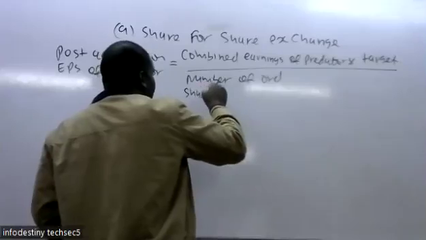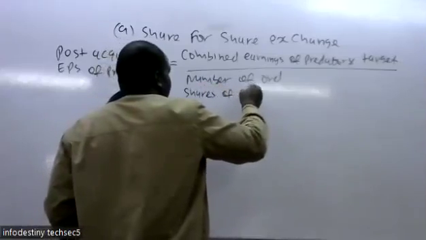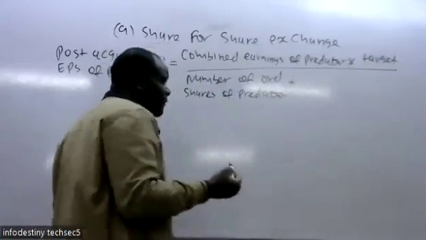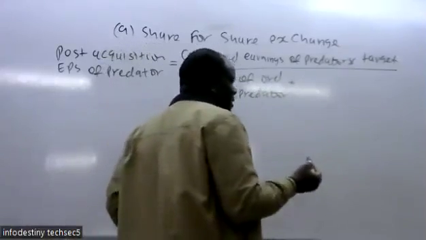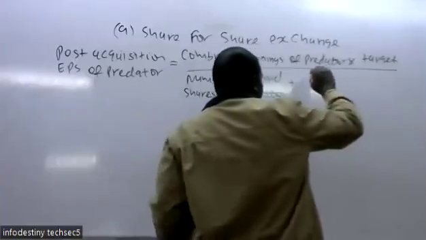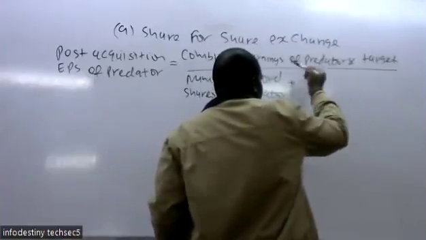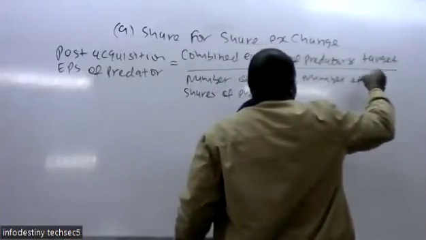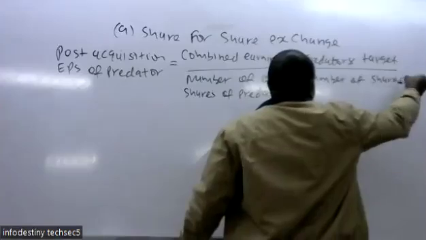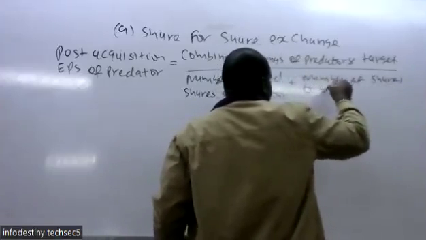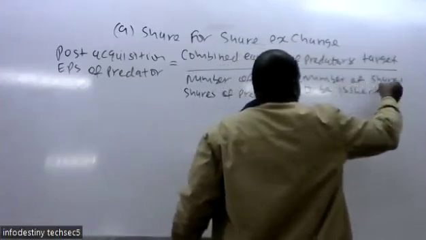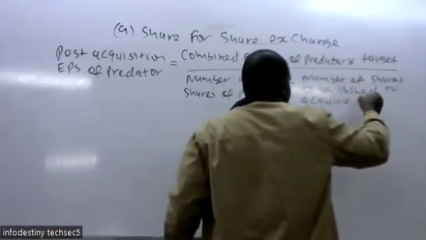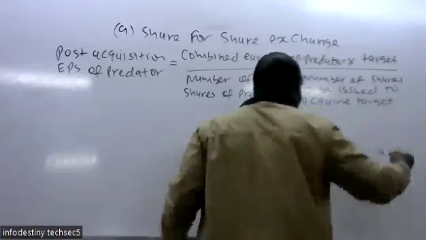Ordinary shares of the predator: the number of ordinary shares of the predator, then we add the number of new shares to be issued to acquire the target.